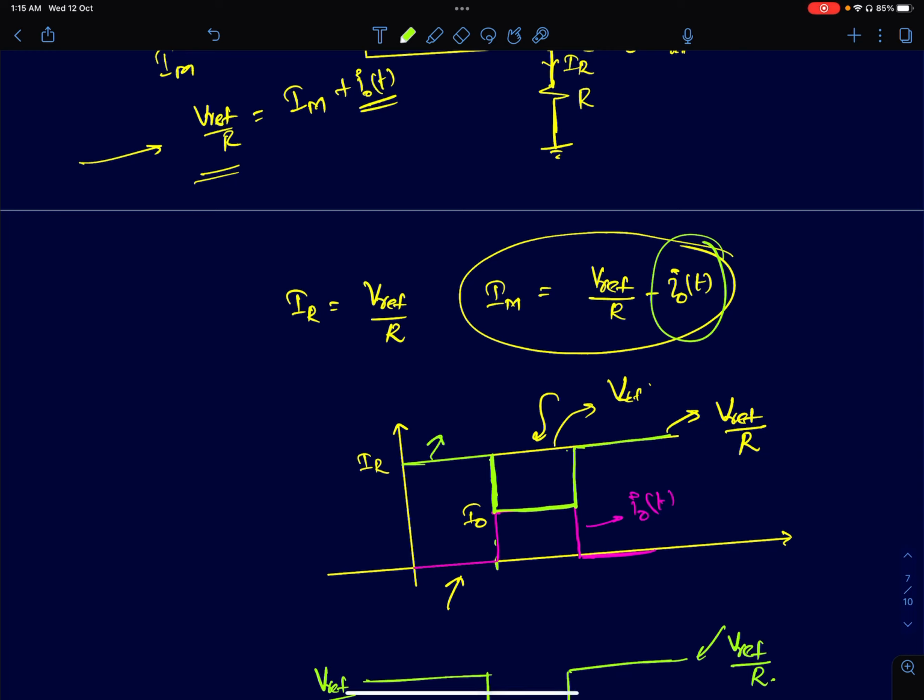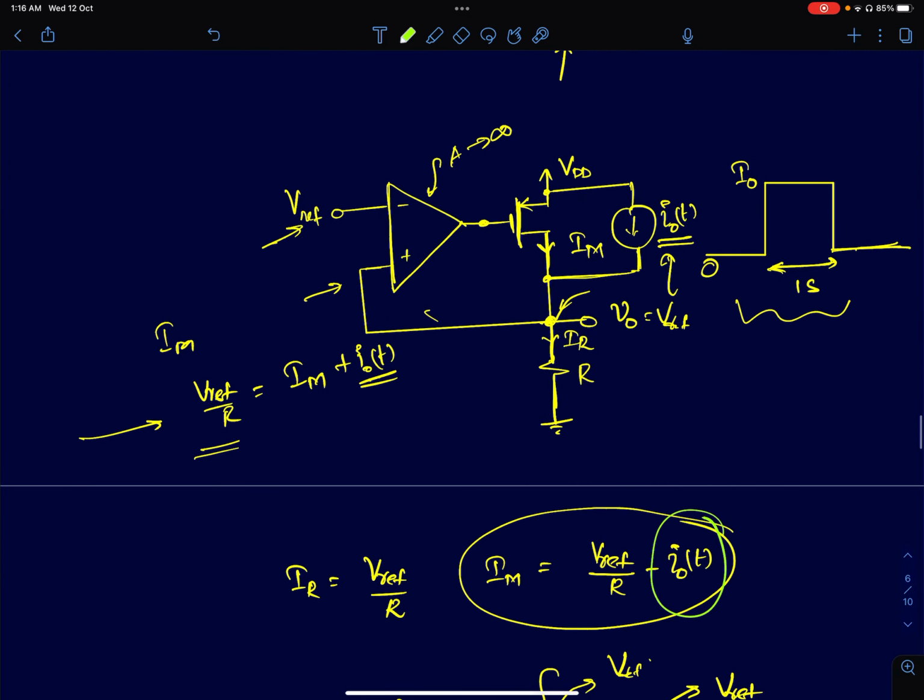And once I0 of t goes to 0, feedback will kick in again and change the gate voltage of this PMOSFET. Initially, when I0 became equal to capital I0, your gate voltage would have increased so that the current in the MOSFET decreases.